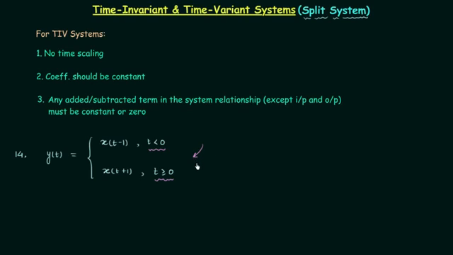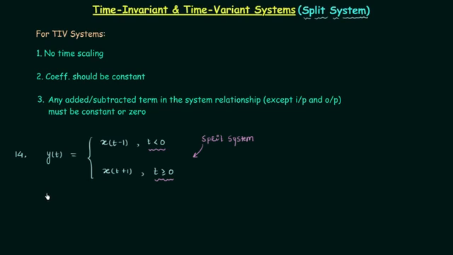So this particular relationship is the relationship of a split system, and we are interested in finding out if this split system is time invariant or time variant. For this we will again check if the three conditions are true or not.